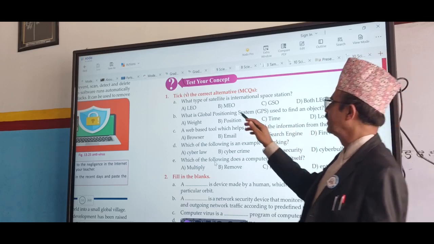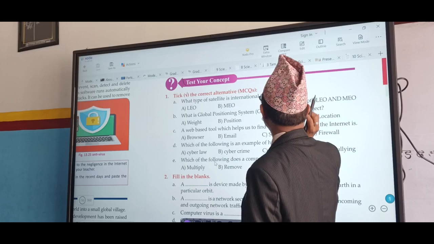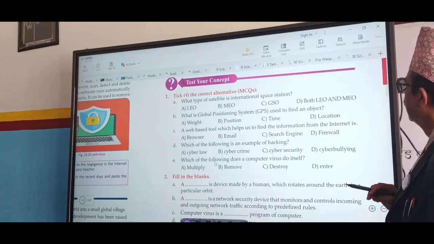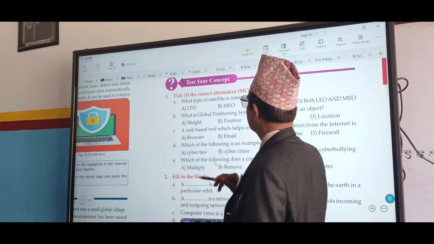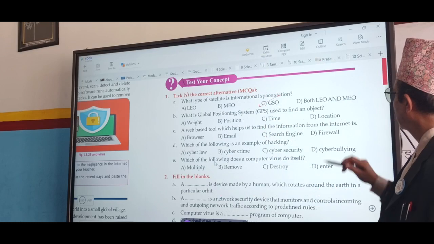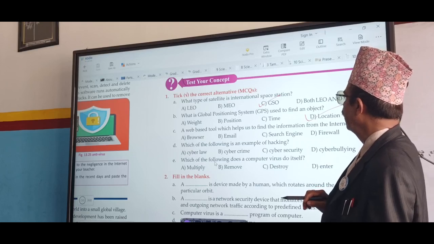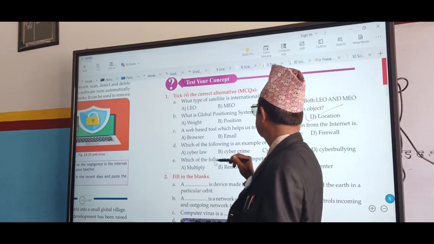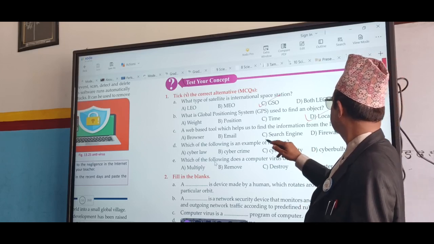What type of satellite is the International Space Station? Geostationary orbit, right? Okay. Number B. What is the global positioning system used to find an object? Location. Find out, right? A web-based tool which helps us find information from the internet. What is that? Search engine. Web-based search engine, right?